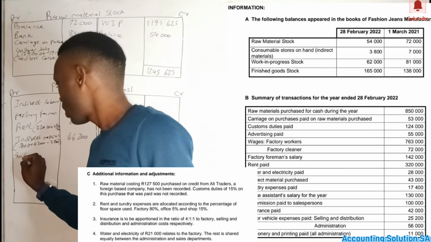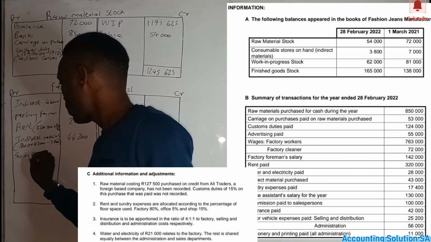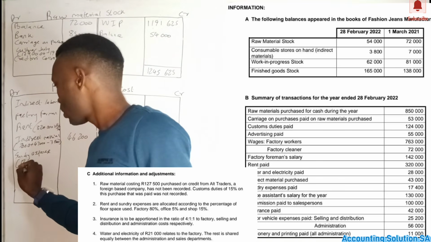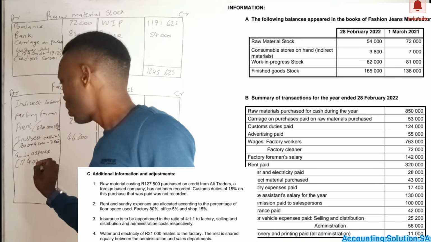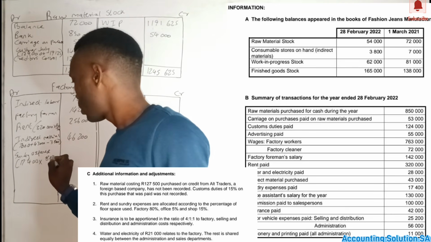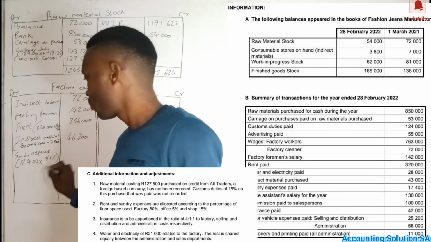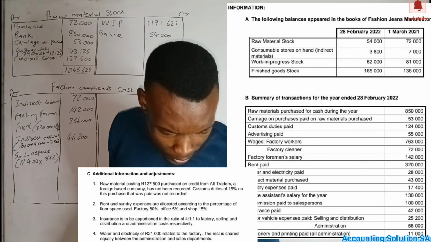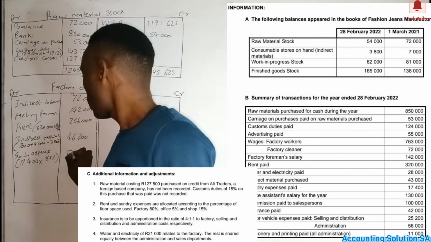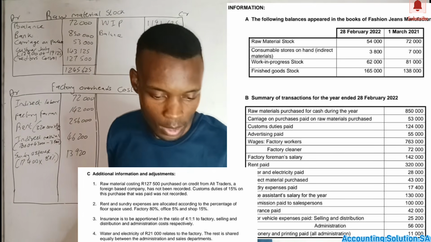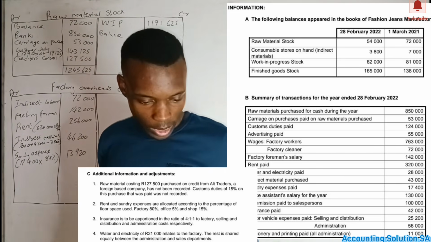Sundry expense, we're going to say 17,400 multiplied by 80%. Then if you do this calculation, you're going to get 13,920. Simple as that.